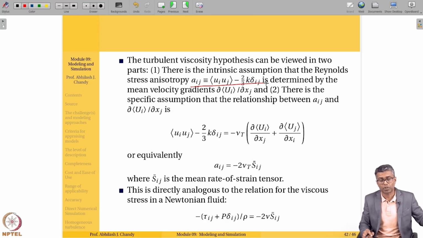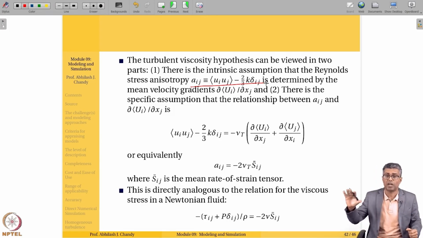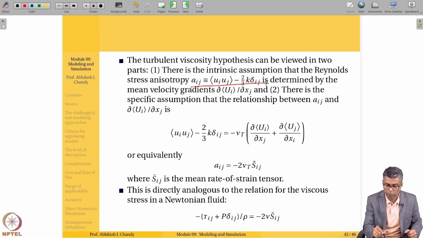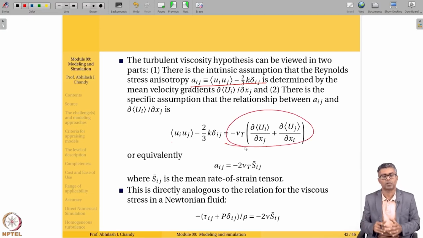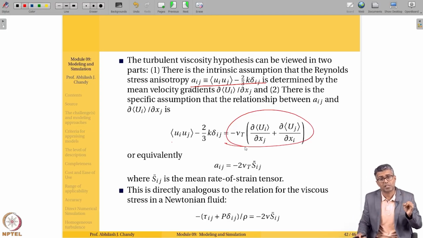The intrinsic assumption is that the anisotropic part of the Reynolds stresses is related to the mean velocity gradient. That is what we mean by this, right? ui uj minus 2/3 k delta ij is nu t times this. So it is proportional to the mean strain rate. That is your first assumption. Now the second assumption is a more specific assumption.